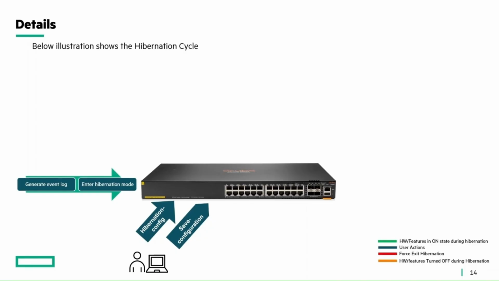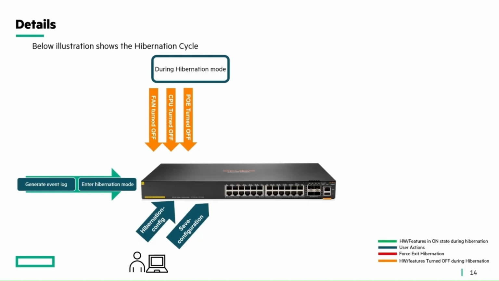The respective event logs will be generated. In case of hibernate now, that is the immediate hibernation, the switch will enter the hibernation mode. In case of periodic hibernation, the switch will wait for the first hibernation schedule. Once the switch hits the first hibernation schedule, it will enter the hibernation mode.